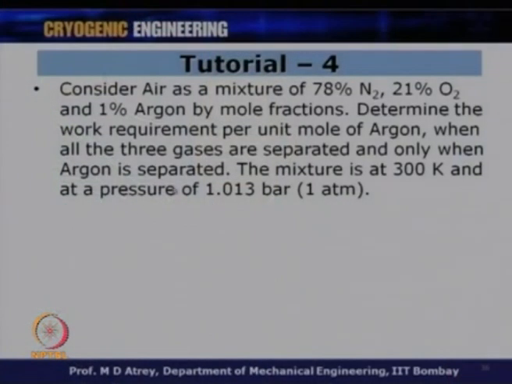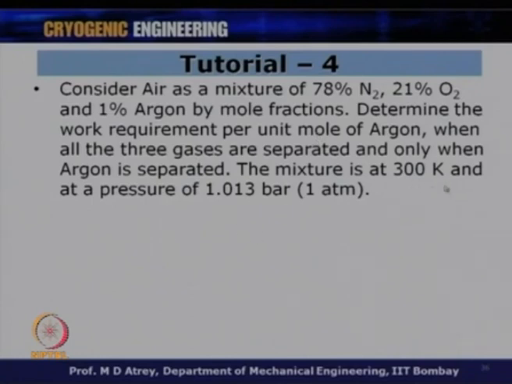The problem statement is: consider air as a mixture of 78% nitrogen, 21% oxygen and 1% argon by mole fraction. Determine the work requirement per unit mole of argon when all the three gases are separated and when only argon is separated. That means, the first case is the work of separation per unit mole of argon, and the second is the work of separation when only argon is separated from this mixture of three gases.